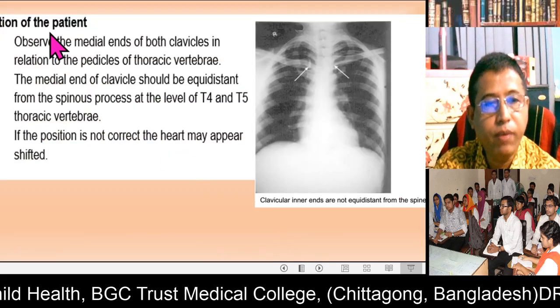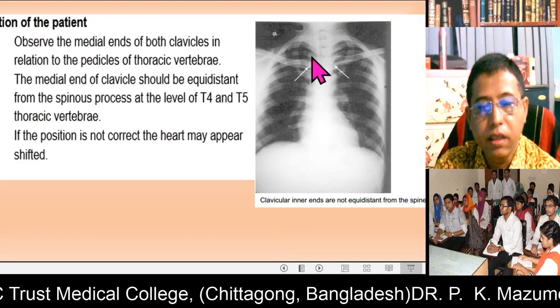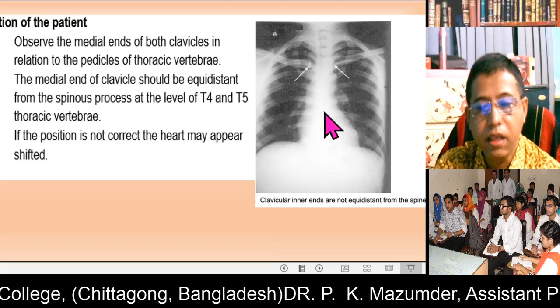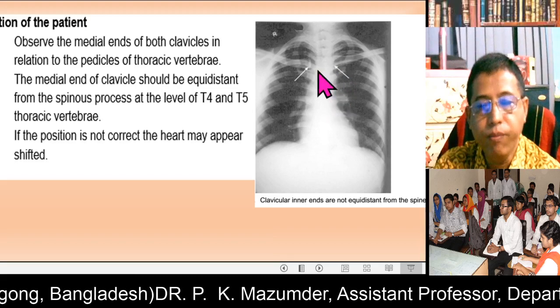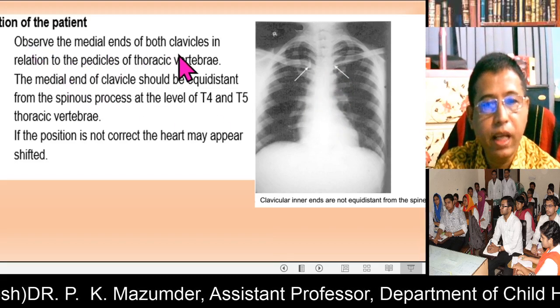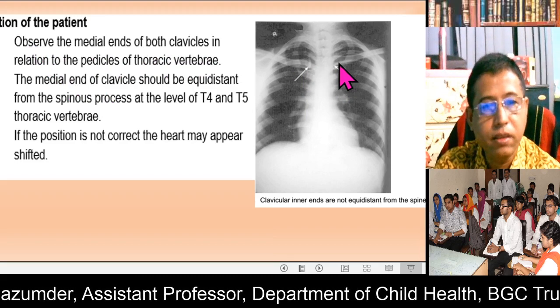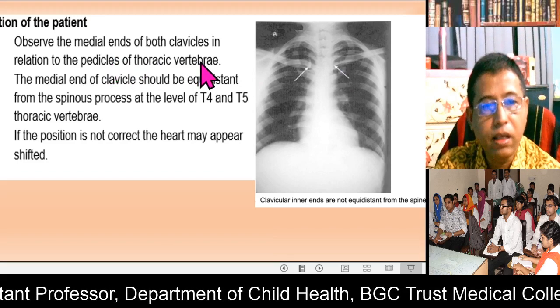Now if the position of the patient is not correct, there may be distortion of the thoracic structures, giving rise to dextrocardia or mediastinal shifting. So first of all, observe the medial ends of both clavicles in relation to the pedicles of the thoracic vertebra.